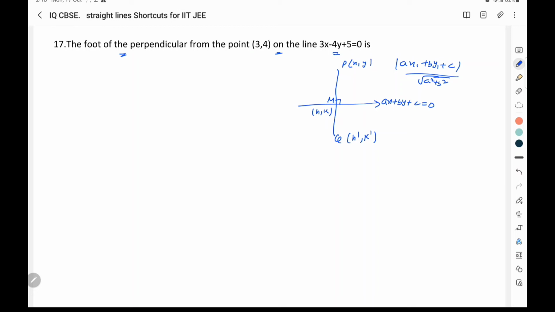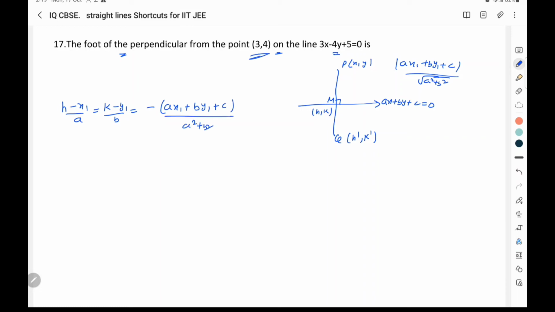Now to find the foot of the perpendicular m and the reflection of p with respect to this line, this can be determined by two formulas. h minus x1 by a, k minus y1 by b is equal to minus of ax1 plus by1 plus c by a square plus b square.